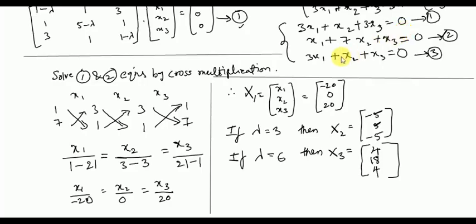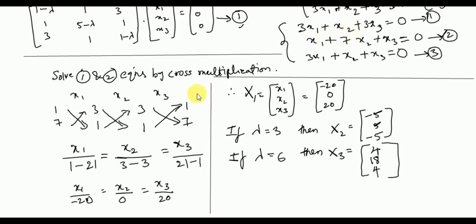Now use the cross multiplication method to find the x1, x2, x3 values. Here I am going to use the first and second equations. First, leave the x1 coefficients and start with the x2 coefficients.